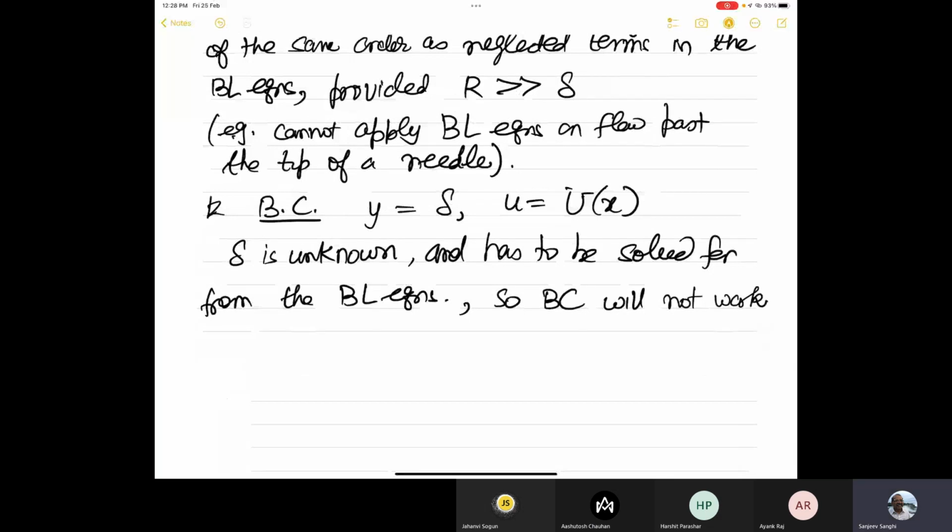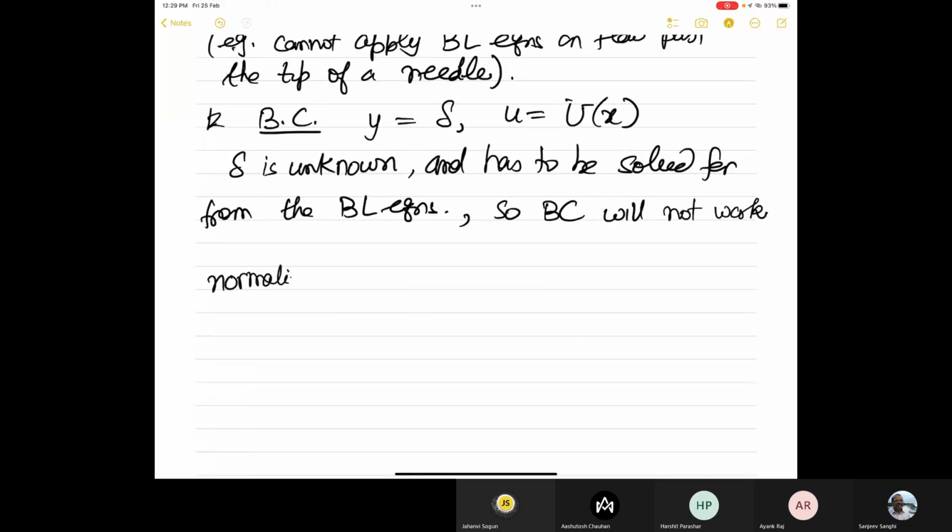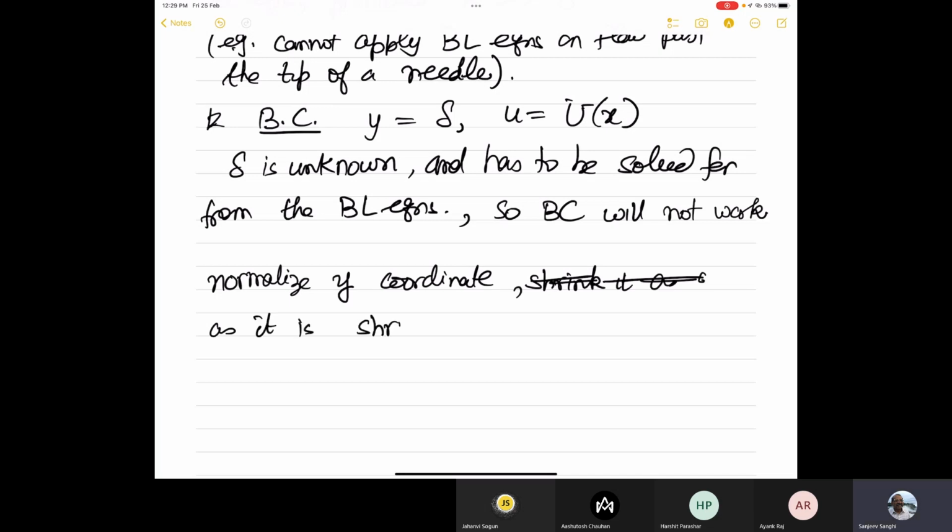Here we again normalize the y coordinate and we shrink it, as it is shrunk as compared to x.